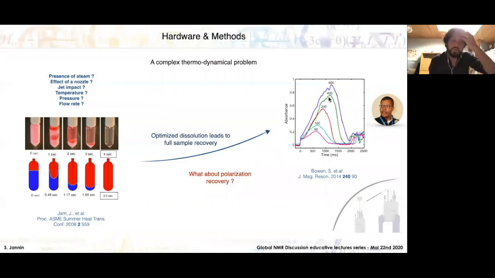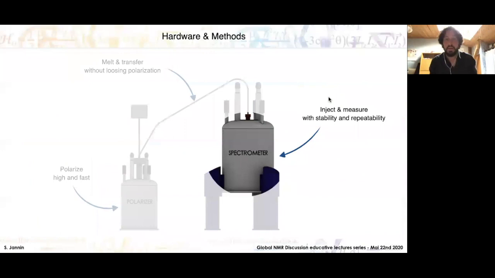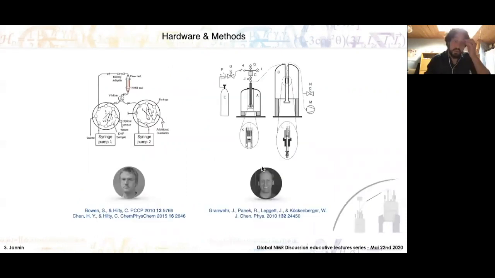But recovering the sample is one thing, but what we want to recover is the hyperpolarization. We don't want to lose the polarization during the transfer. And then after transfer, we want to be able to inject it in a way that is stable and repeatable to do the NMR experiment. And so there's a few interesting papers.